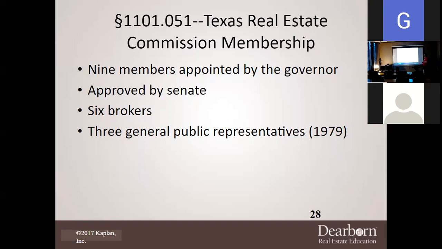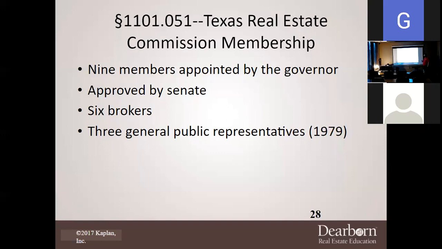Oh, goodness. But no. So yes, like I said, 2031, I'll probably be around my 50s or 60s, which is crazy. But yeah, it does it every 12 years. So, what about the 9 members that are appointed by the governor? Well, it's the Texas Real Estate Commission. There are going to be 9 members that are appointed by the governor.